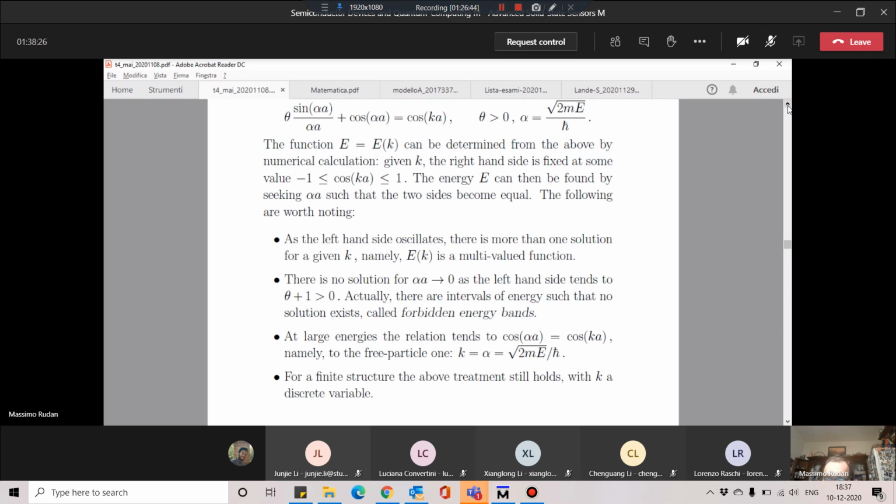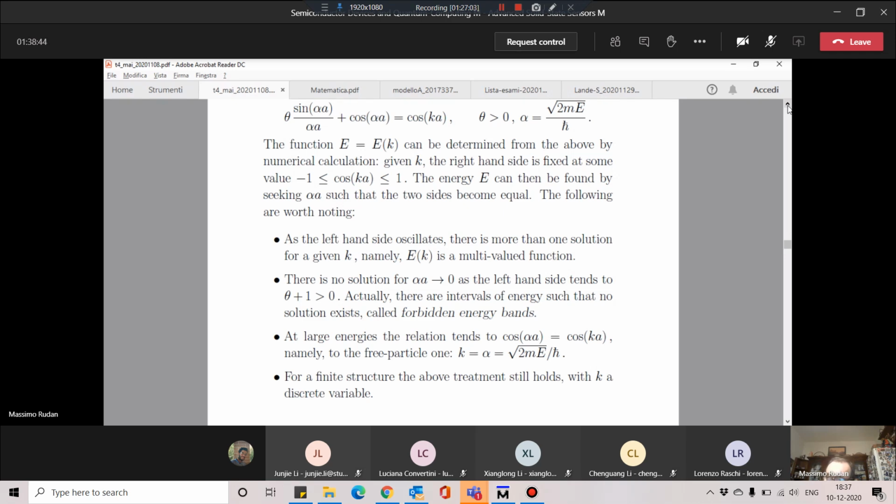And we see that in any case, the band structure is there. So the band structure is present even if we avoid the use of the periodic boundary conditions and the Bloch functions.